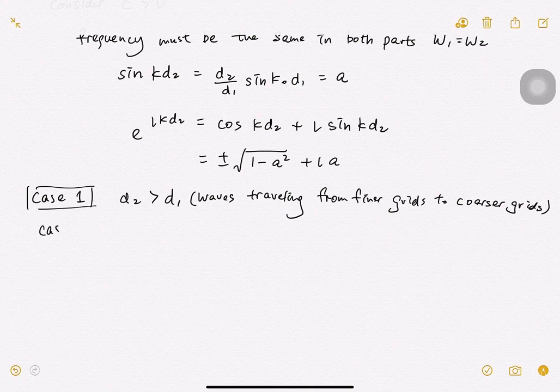Okay, and then case 1a is that we have the value of A larger than 1. And then KD2 is a complex number.